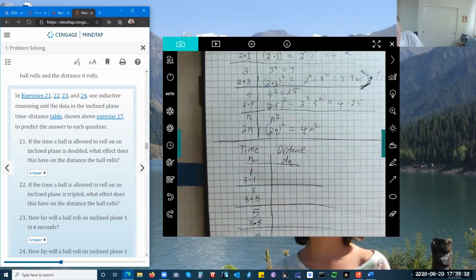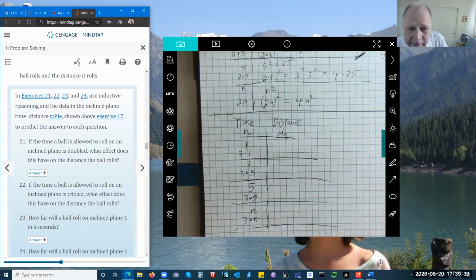So just like I did with doubling, I'm just using 1, 3, and 5 as examples for the amounts of time. And I'm comparing each one with what happens if I triple it. Okay.